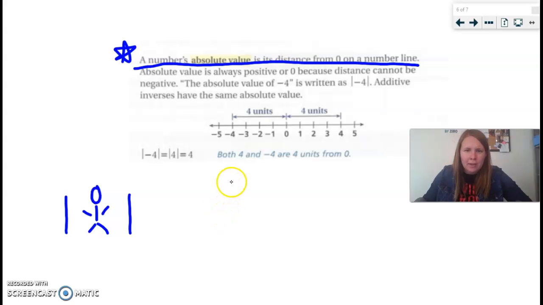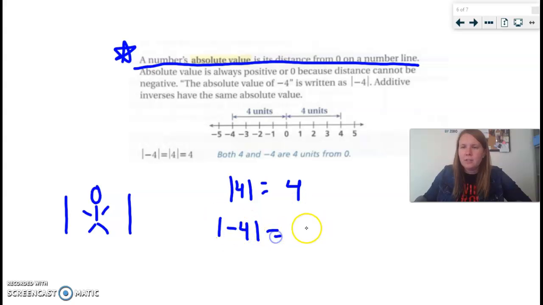So if you go in clean, meaning positive, you're going to come out clean. If you go in being negative or dirty, you're still going to come out clean. So everything as an absolute value is always positive because of that distance piece, because you can never go negative. Again, it's just that distance away from 0.